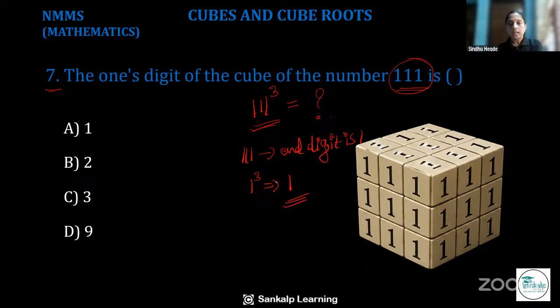As we know, cubes of even numbers end with an even digit and cubes of odd numbers end with an odd digit. Similarly here, 1 is the end digit. If we take the cube of 1, it still gives 1 as the end digit. So the correct answer is option A, 1.